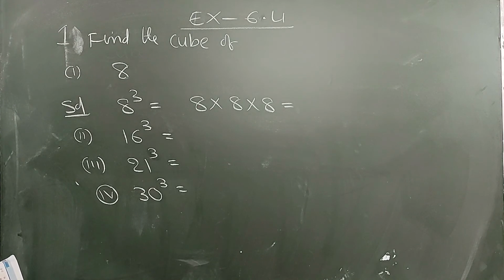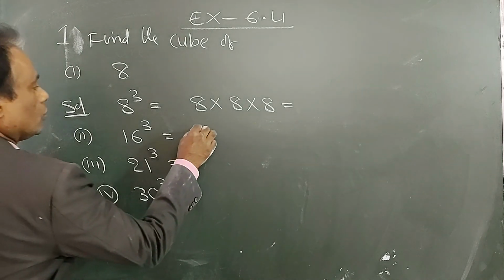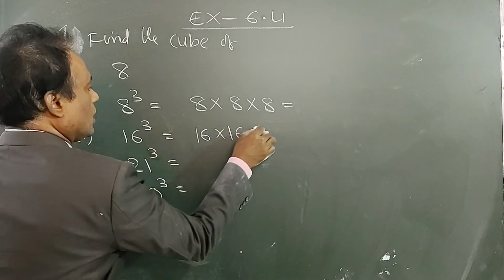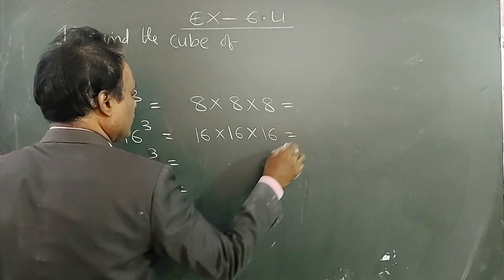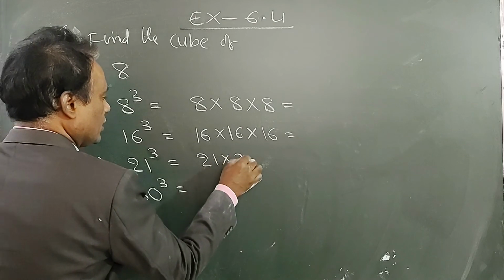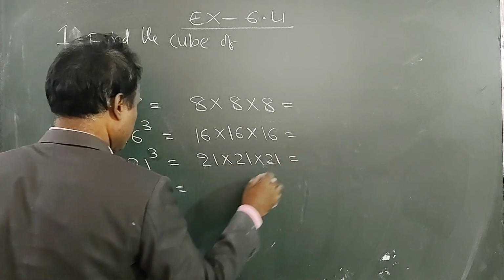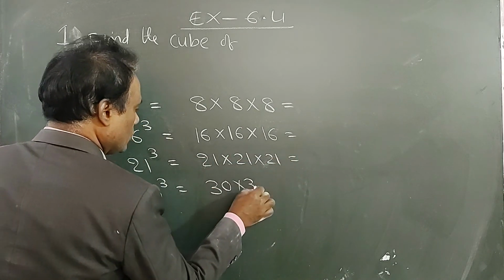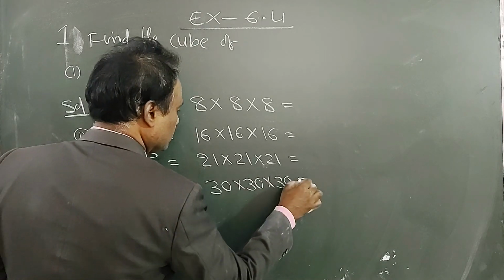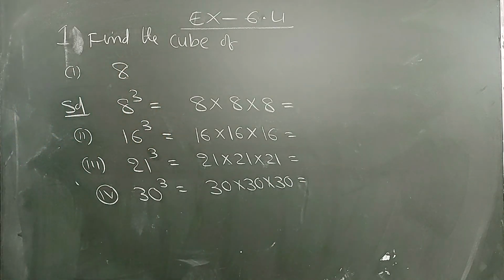Do them. 16 cube: 16 into 16 you do, and after getting the answer, again multiply with 16. 21 into 21 you do, again multiply with 21. 30 into 30 you do, again multiply with 30. Get the answer, students.